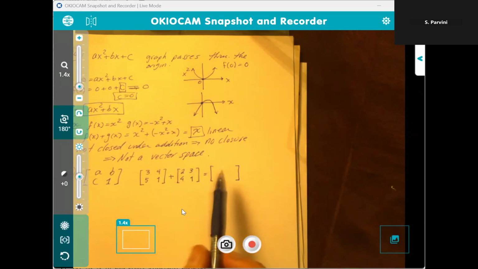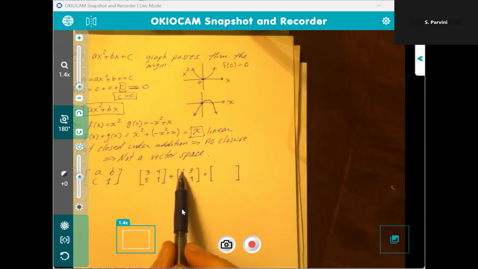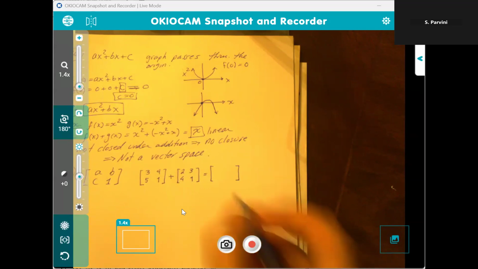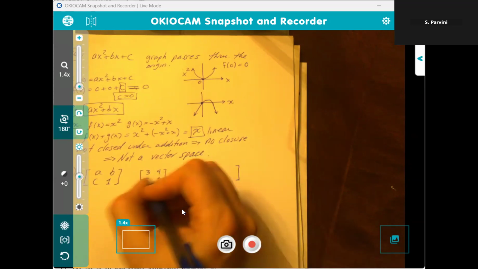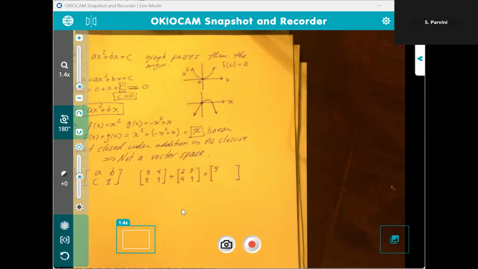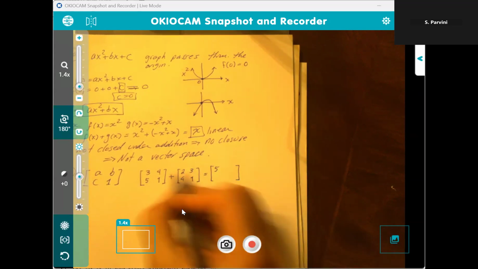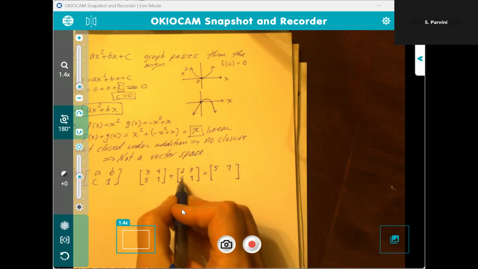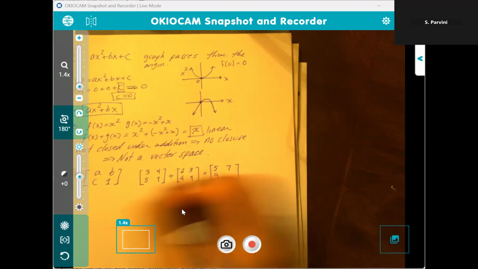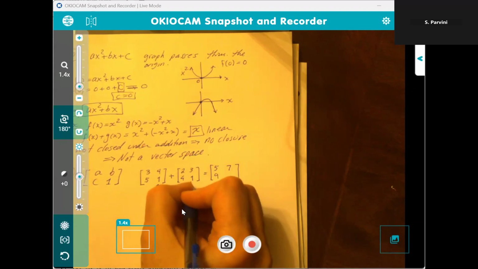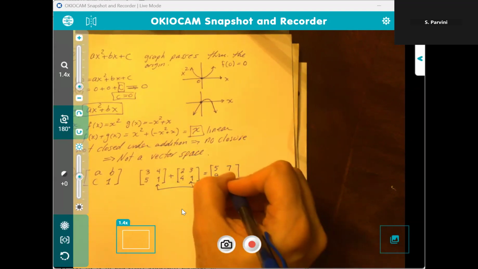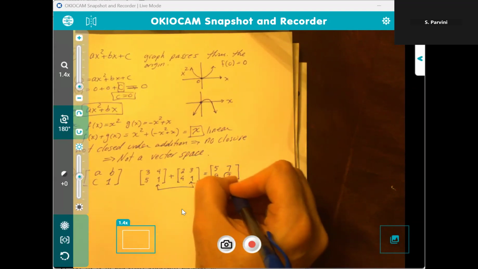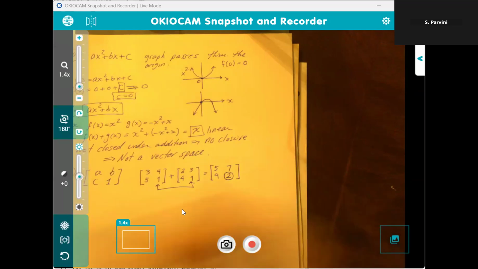So what would be the sum of the first element, first row, first column? 5. First row, second column, 7. Second row, first, 5 and 4 is 9. And second is 2.